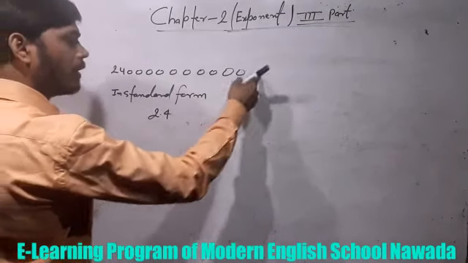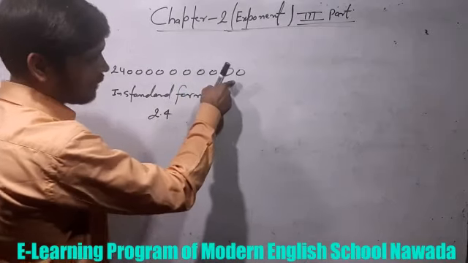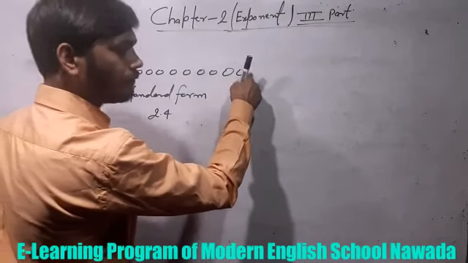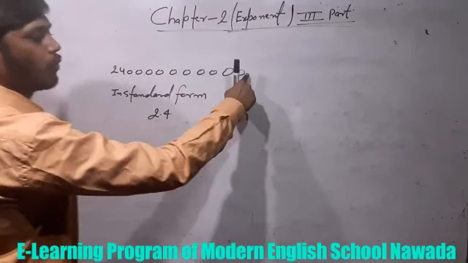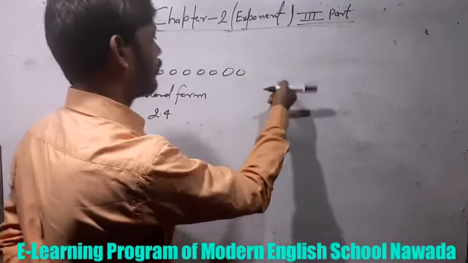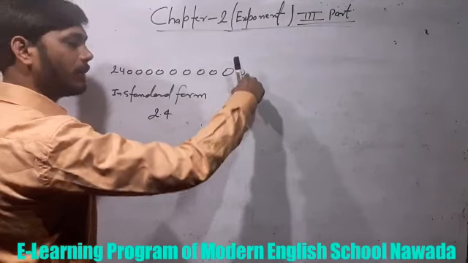In the given number it is not a decimal number, but you can suppose the point is at the end, because after the point there is no value other than 0.